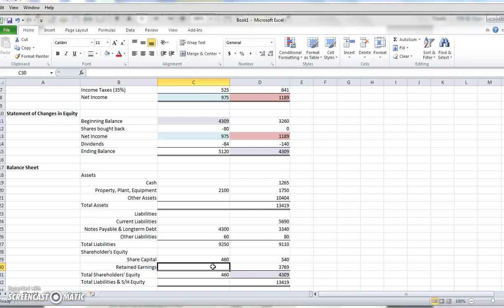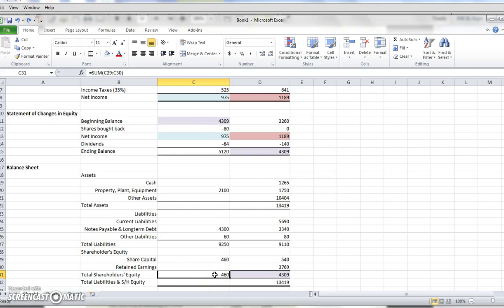Remember that shareholders' equity, as you can see from the formula, is share capital plus retained earnings. So what are the retained earnings? What is the shareholders' equity? Remember, shareholders' equity is this, the ending balance. So we know this amount, the ending balance, and the shareholders' equity have to be the same.